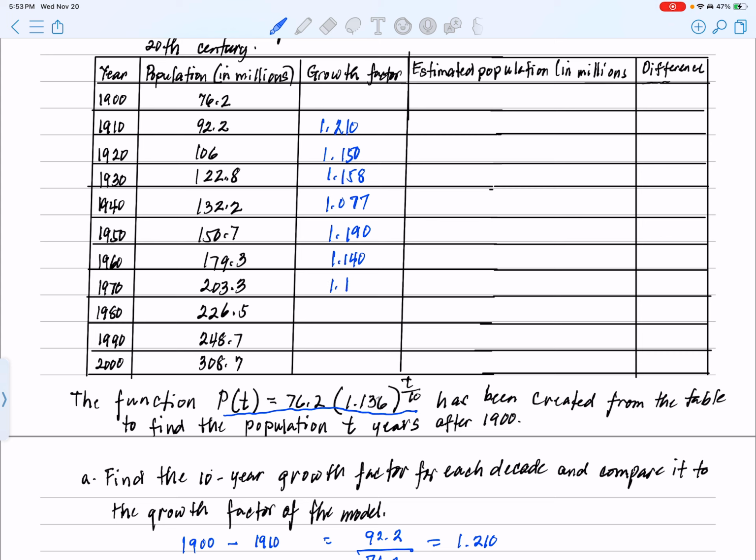Then from 1970 to 1980, we do 226.5 divided by 203.3. We come up with 1.114. Between 1980 and 1990, we divide 248.7 by 226.5.